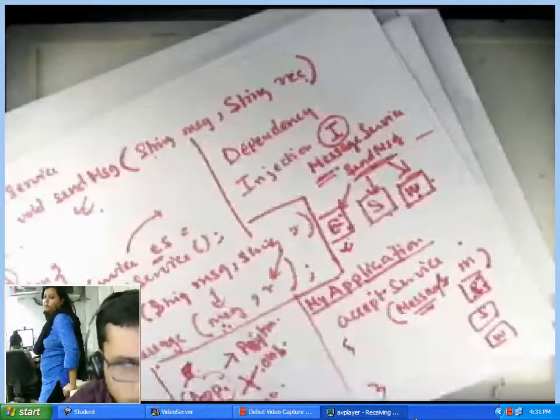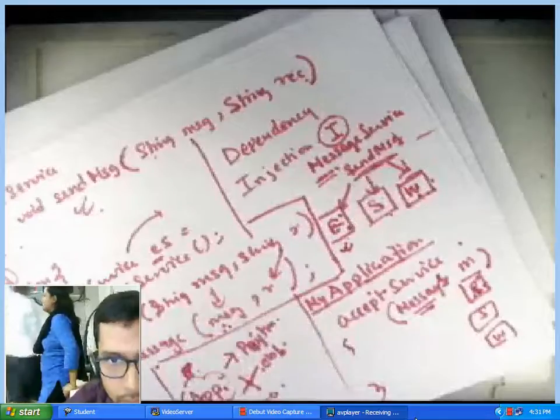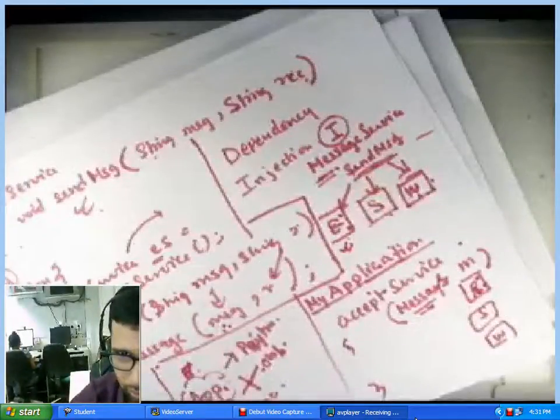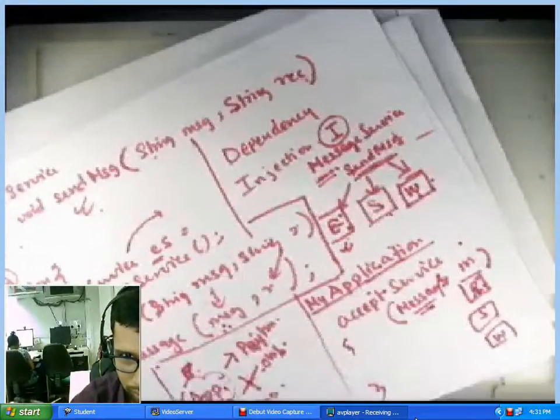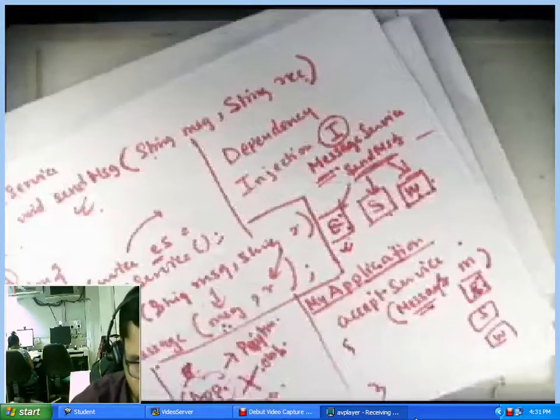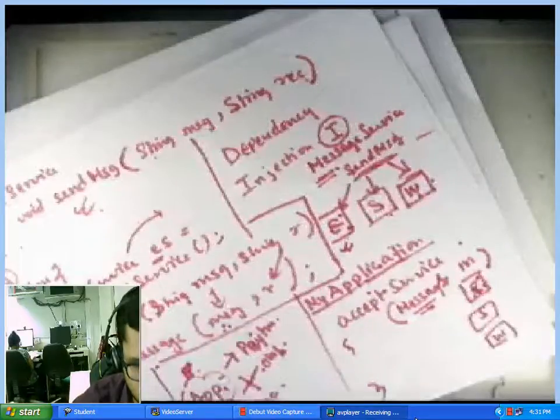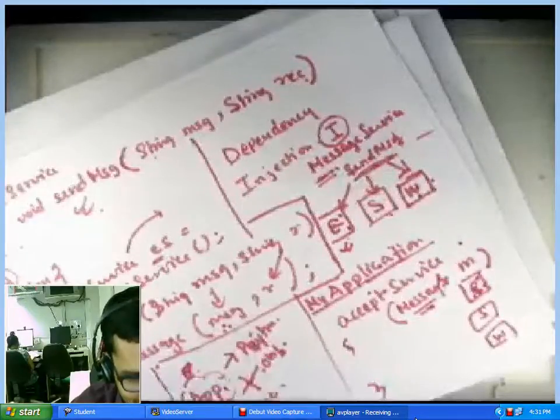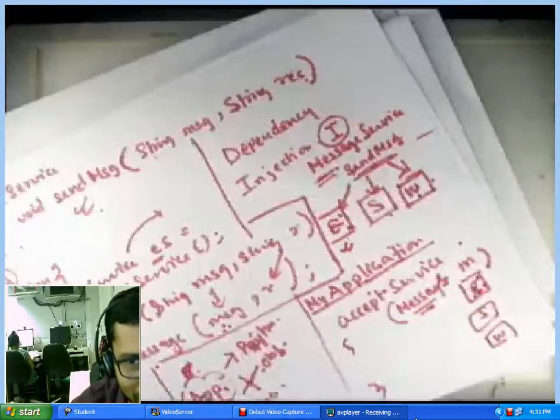Are you through with the concept of dependency injection? No, almost. No. Okay. Hello? You are not there. Hello? Yeah, hello? Can you hear me? Yes, I can hear you. Can you hear me? Please. Okay. So are you through with the problems of dependency injection?